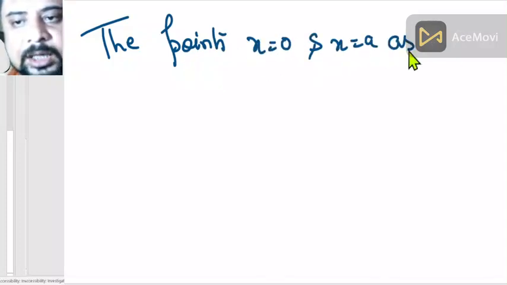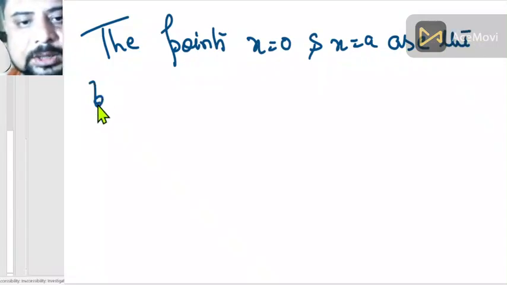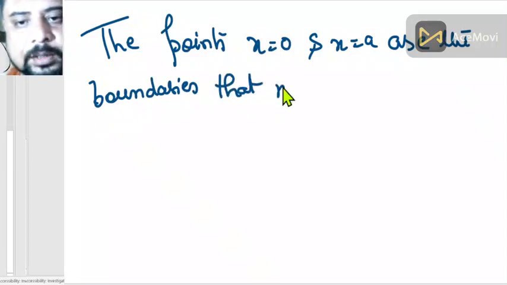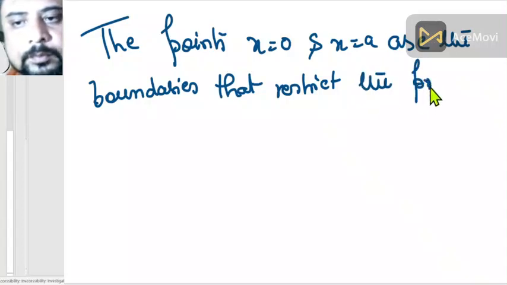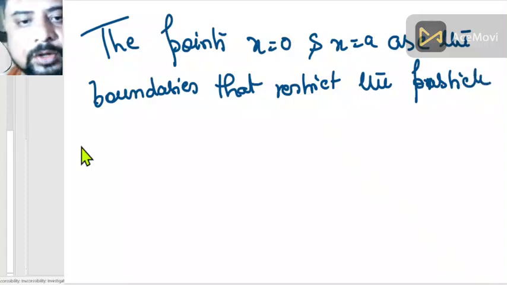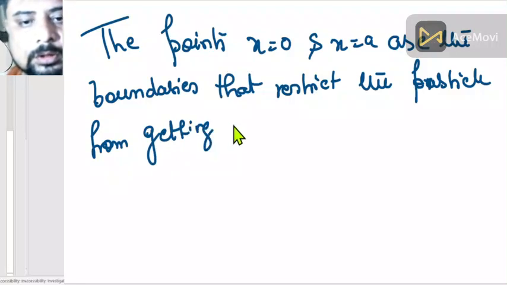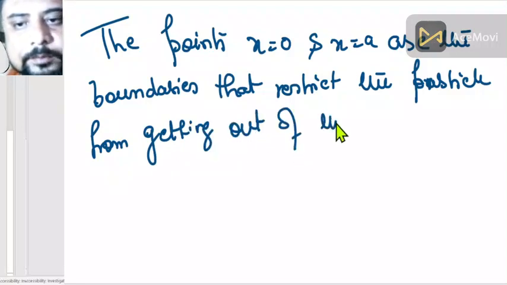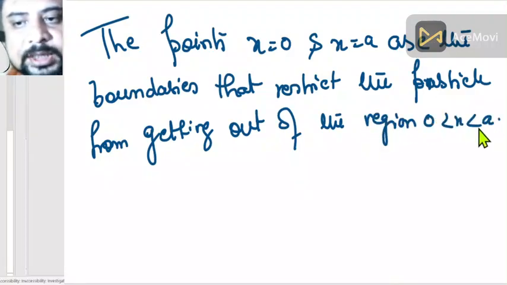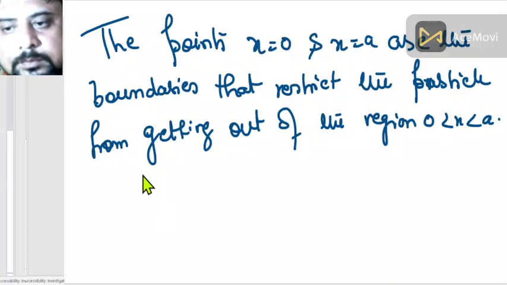The points x equal to 0 and x equal to A are the boundary conditions or the boundaries that restrict the particle from getting out of the region 0 to x less than A. The particle cannot get out of this region.